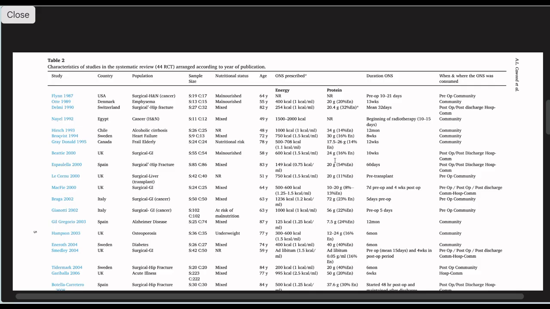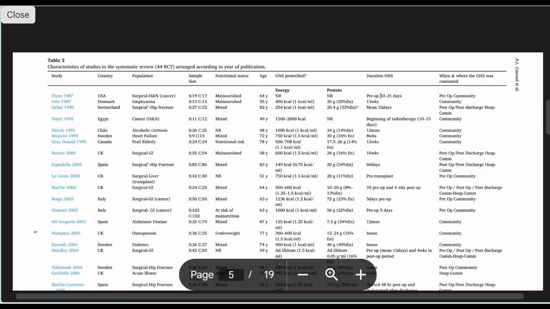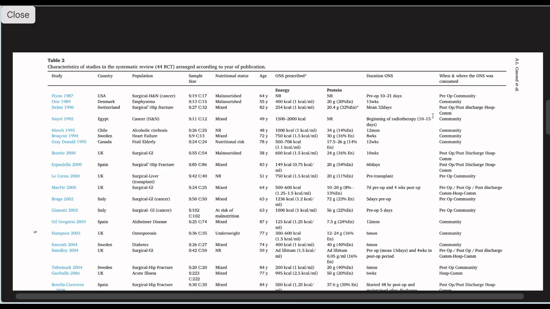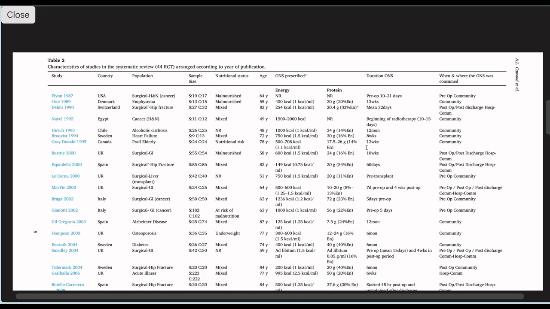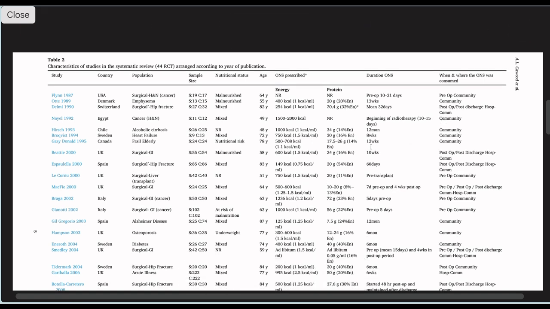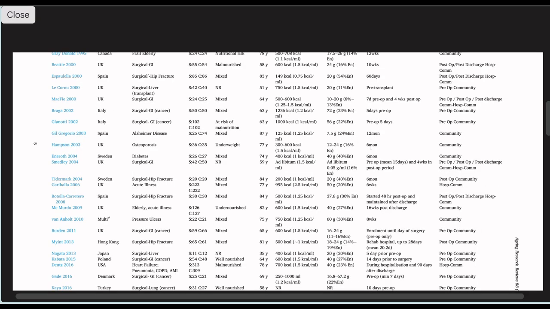The protein involved, the things that are involved in that supplement, and the duration of the oral nutritional supplement taken were stated, as well as where the ONS was consumed, whether before or after, or at the community level. Because this information is peculiar, it helps them answer the question.